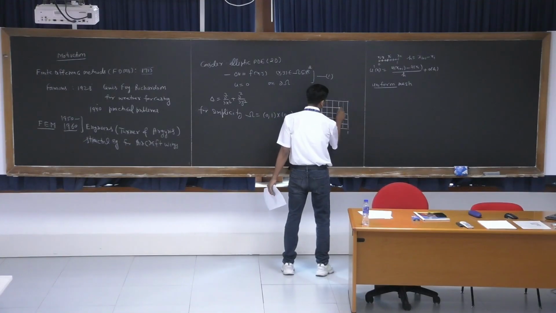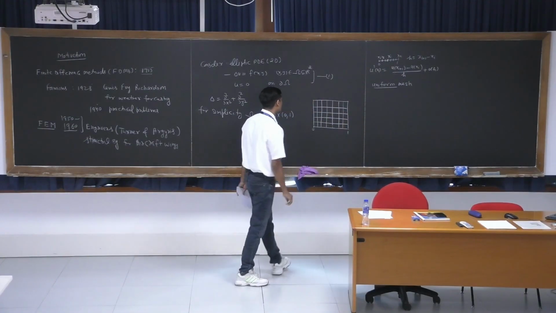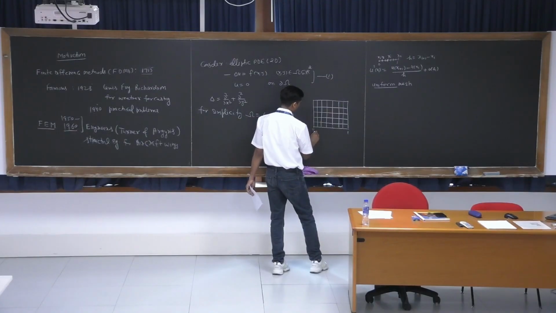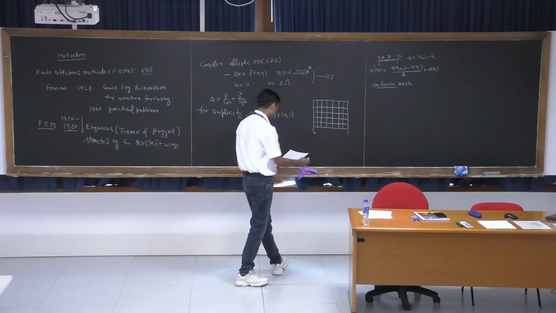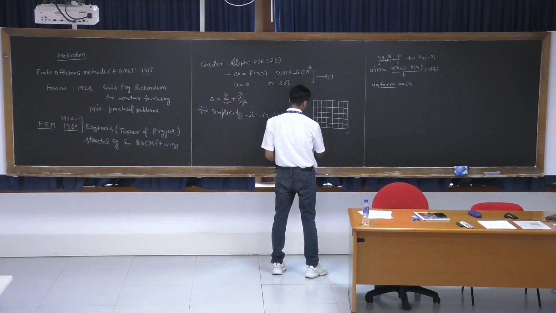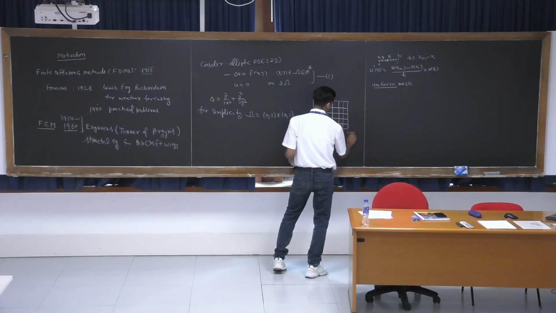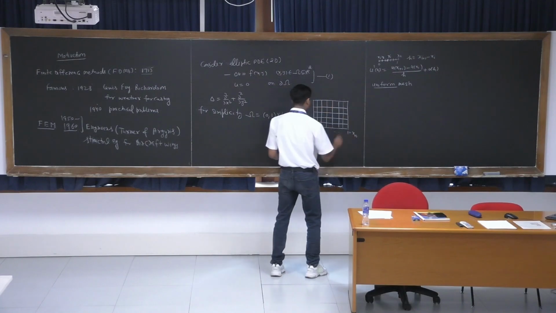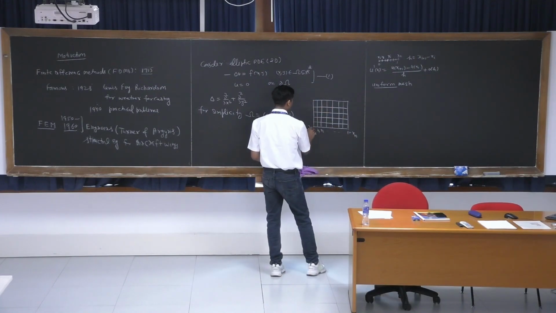Because this is our two-dimensional problem, here I have denoted this x0, this is x1, this is x2, and suppose this is at 1, this is xn. In the same way, suppose this is y0 here, and this is y1, and this is yn.